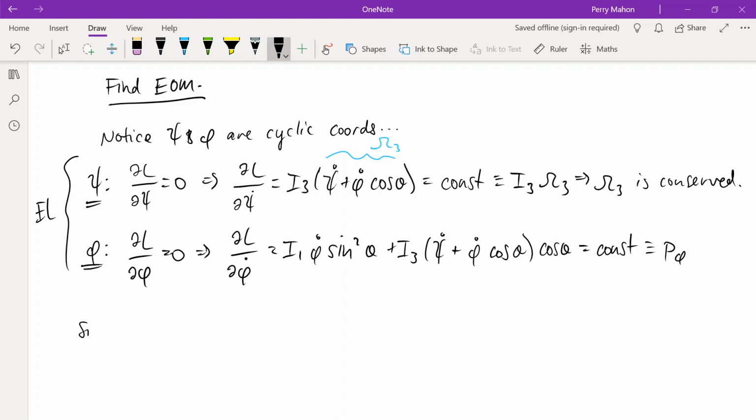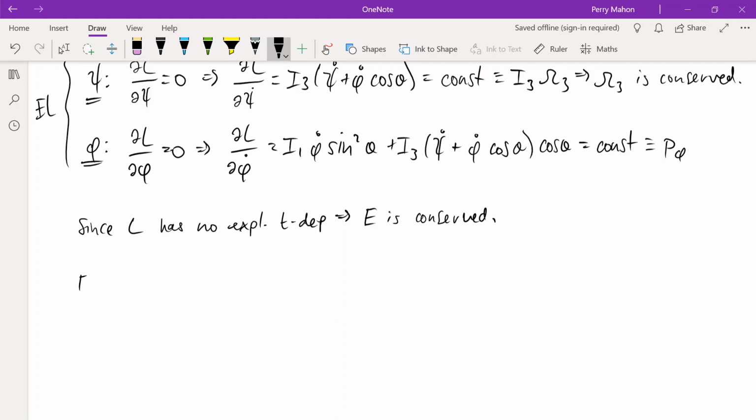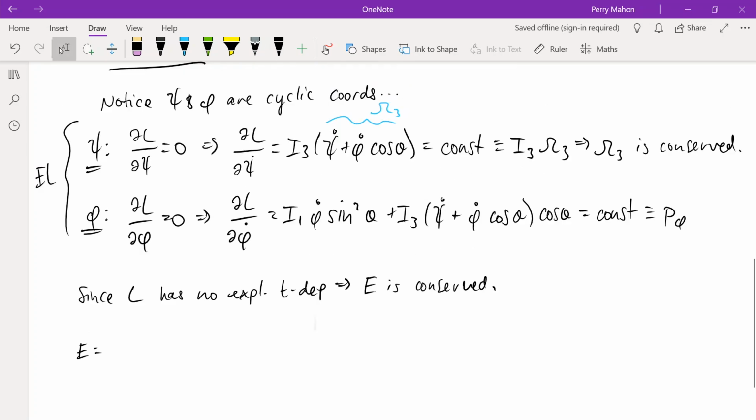So since L has no explicit time dependence, we have energy conservation. Right, so if we write down the energy in the usual way, in terms of the generalized coordinates and the generalized momenta, you could show that it just collapses down to the usual thing, kinetic plus potential energy.